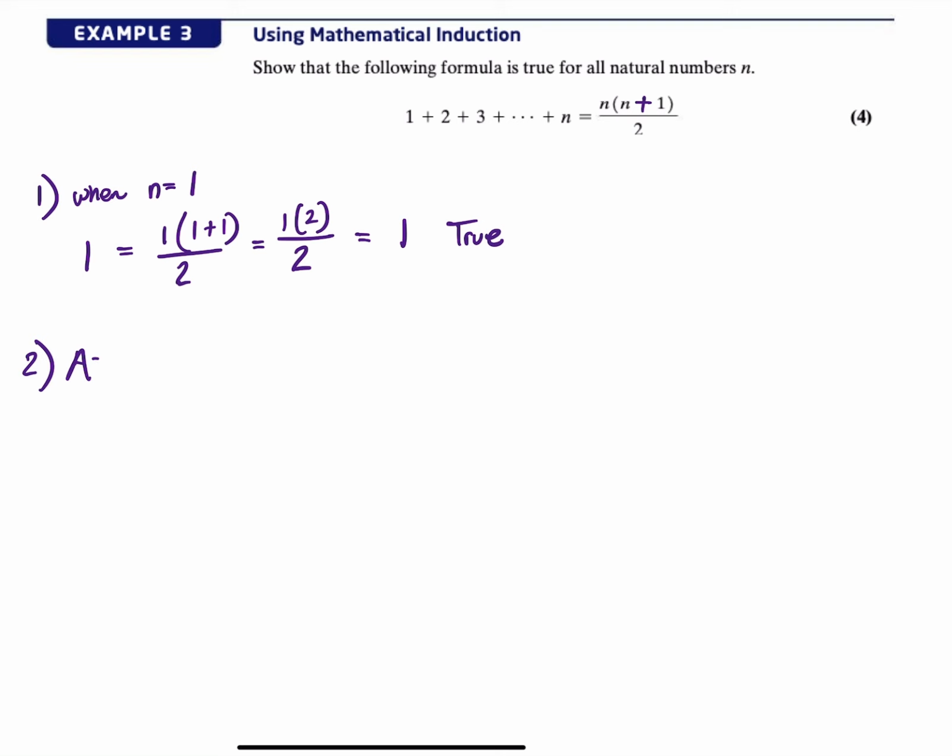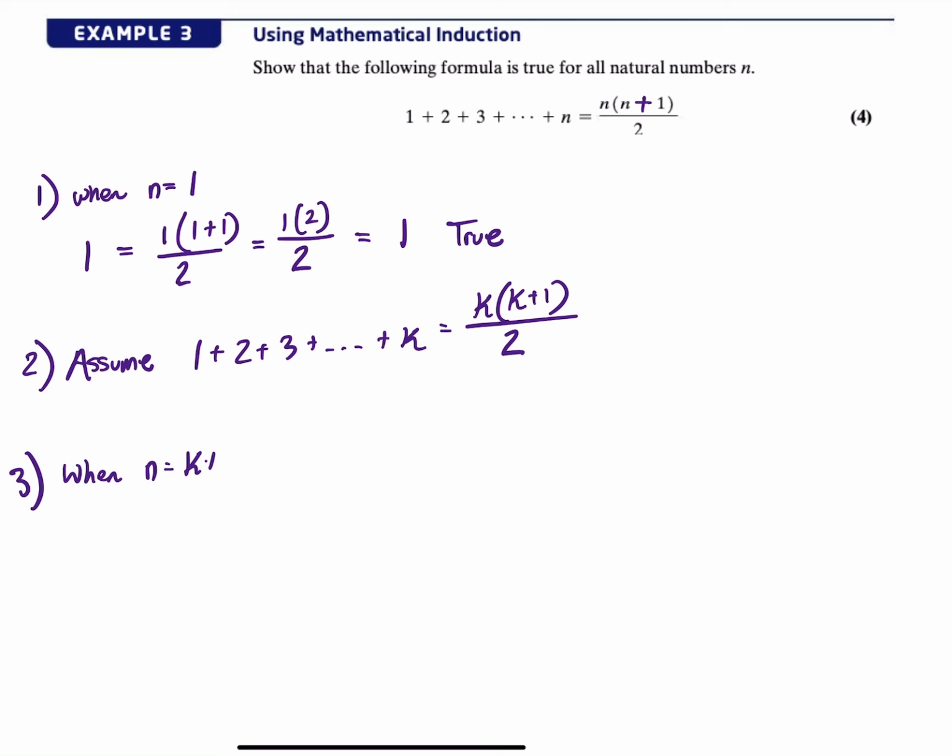Now let's assume it's true when n equals k. So 1 plus 2 plus 3 up to k is equal to k times k plus 1 over 2. Now let's try to show that it's true when n equals k plus 1, meaning we'll sum all the way up to k plus 1.